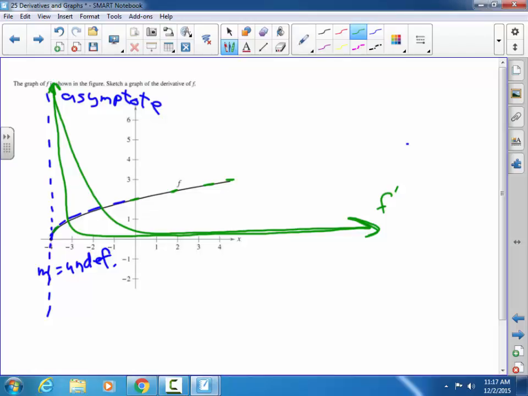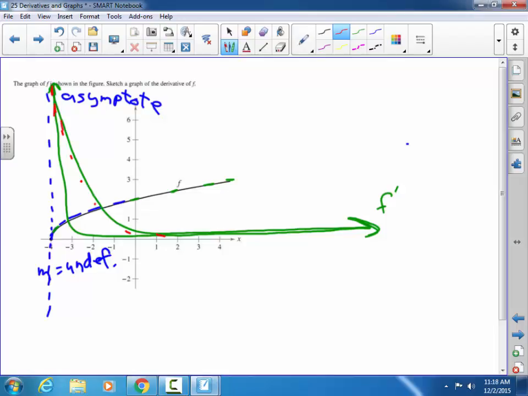We don't have any. So that tells us that it's either always positive or always negative. What do you think it is? Always positive or always negative? What is the slope of this green line? It's negative. Does it start off being negative infinity or 0? Starting right in here, what would you say?